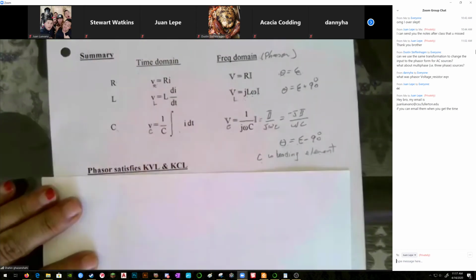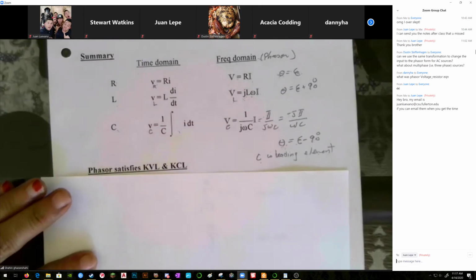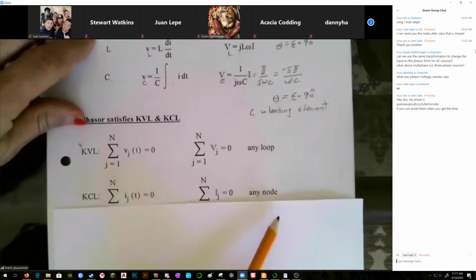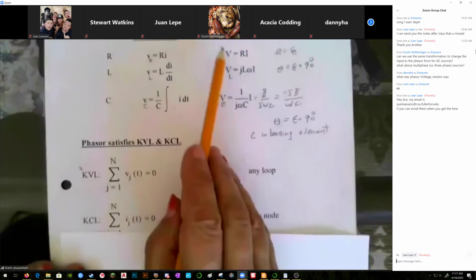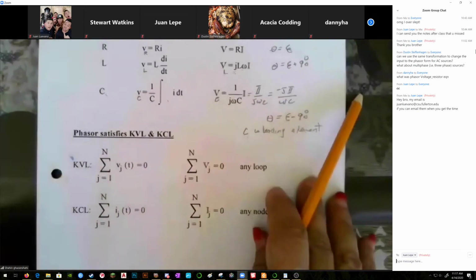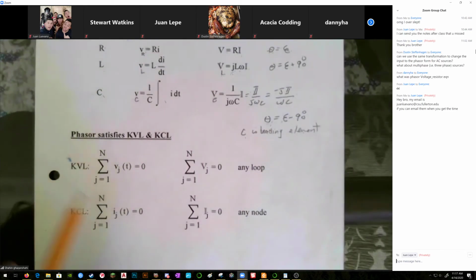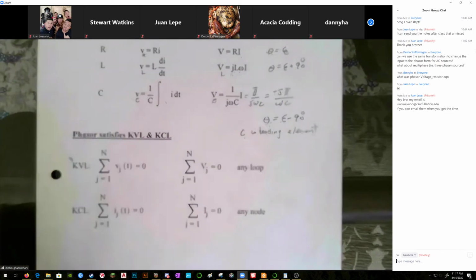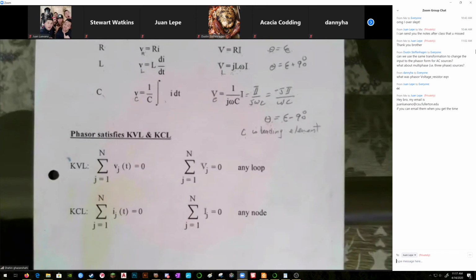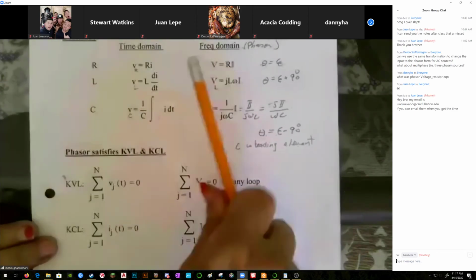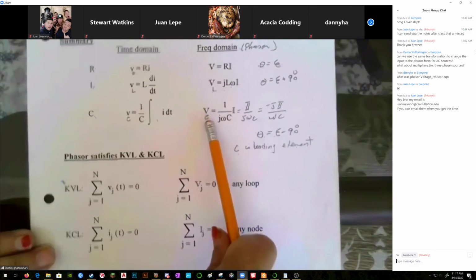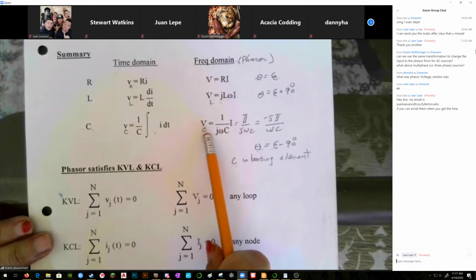The key point is that if I use phasor voltage and phasor current, everything we learned stays the same: Kirchhoff's voltage law, Kirchhoff's current law, mesh, nodal. So next class, we start from here. We use the phasors, okay?